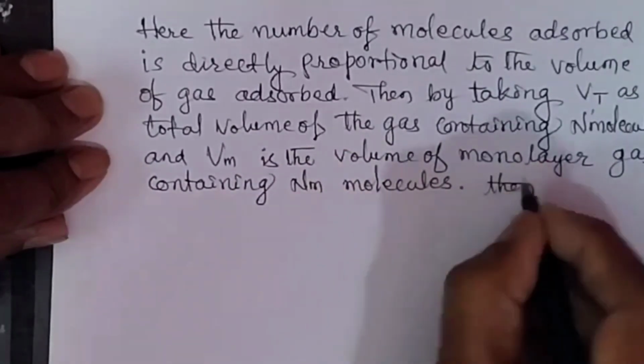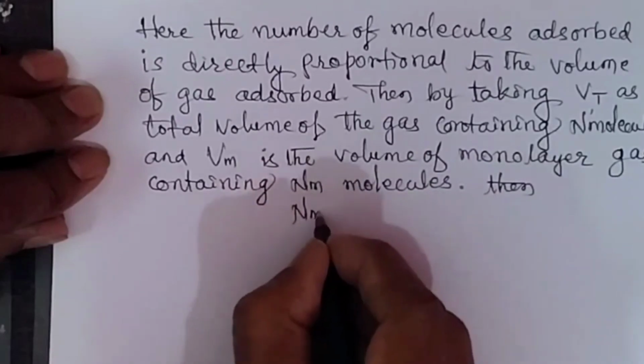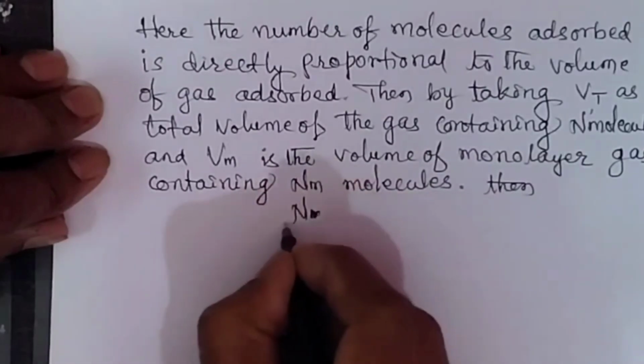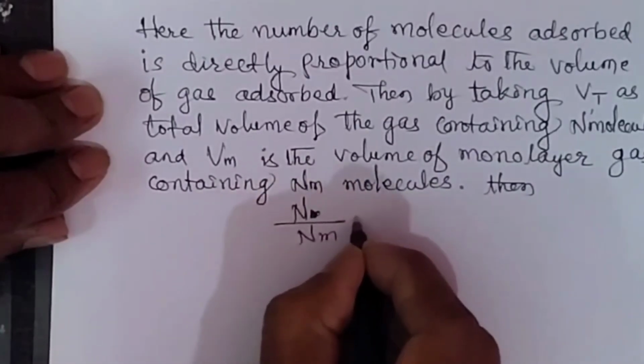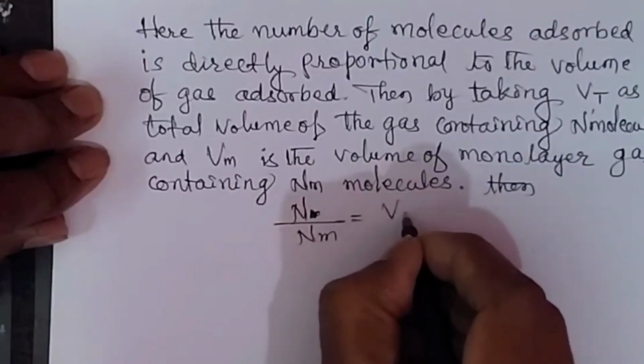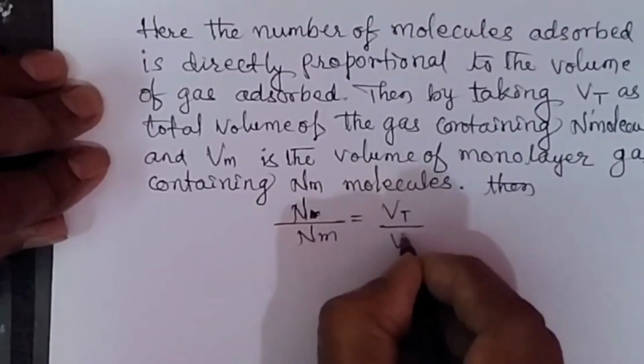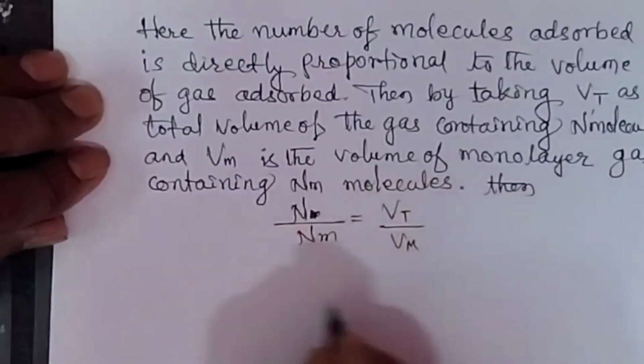Then N divided by Nm is equal to Vt divided by Vm.